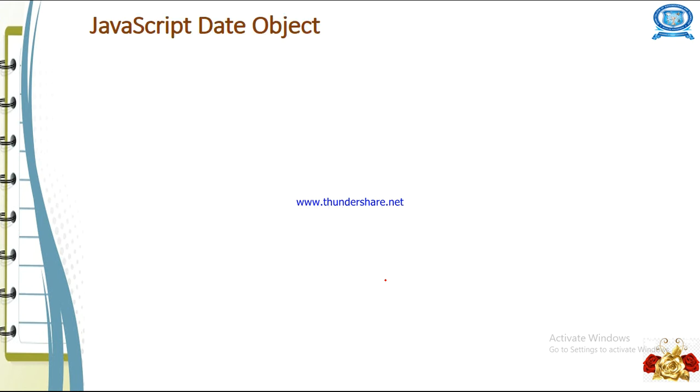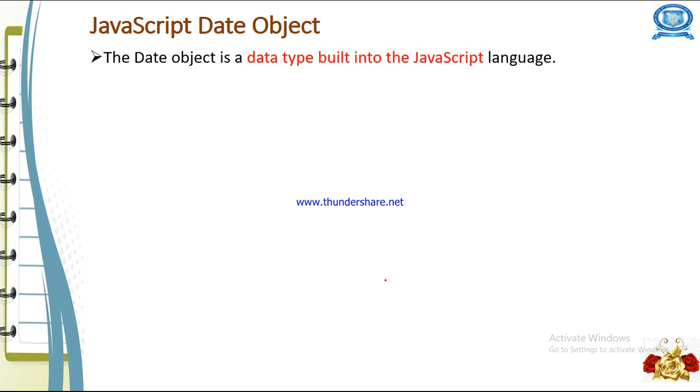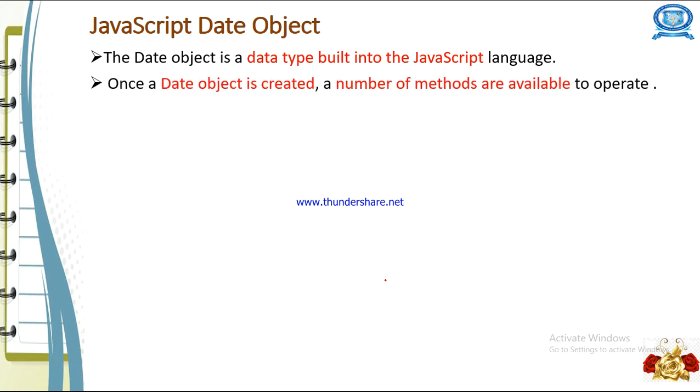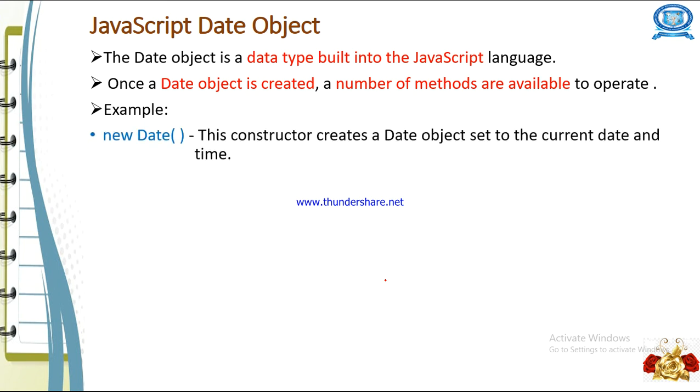Next, the JavaScript native object, that is the Date object. The Date object is a data type built into the JavaScript language. Once a Date object is created, a number of methods are available to operate on it.